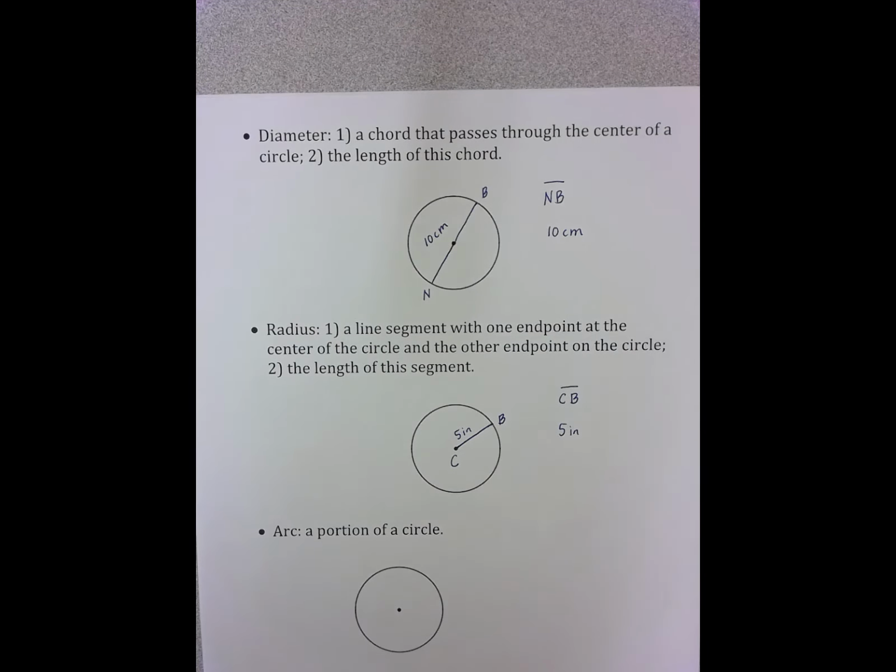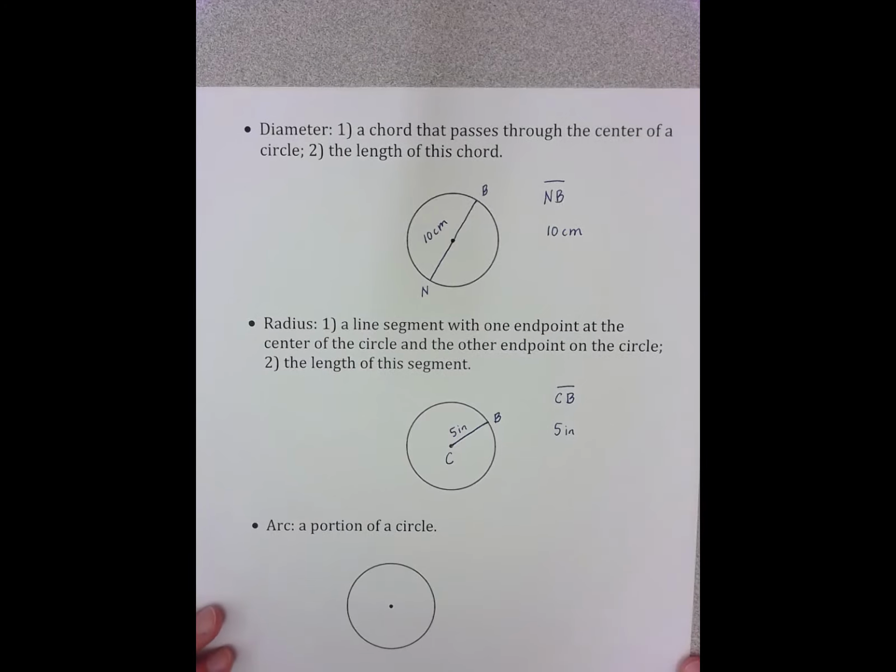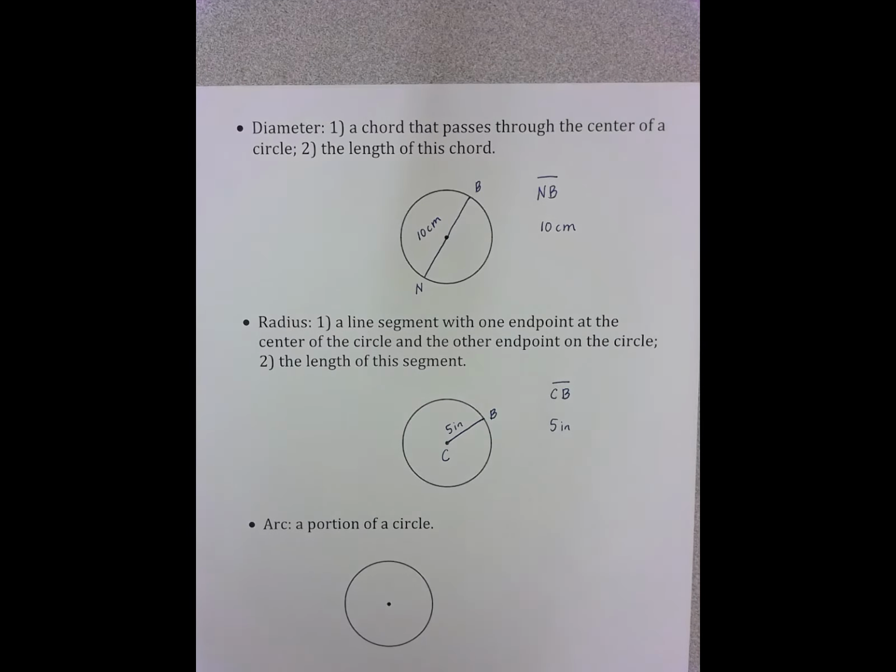For both diameter and radius, it's important to recognize that there are infinitely many of these. We can draw radii from the center of the circle to the circle forever, and we'll never have all of them drawn. So one diameter, one radius is sufficient for showing what we mean, and where we place it will depend upon the situation that we're trying to solve.